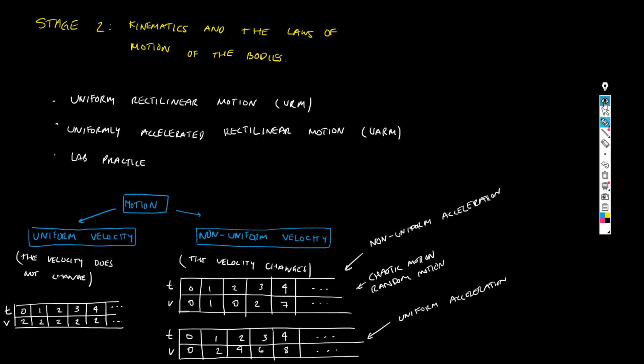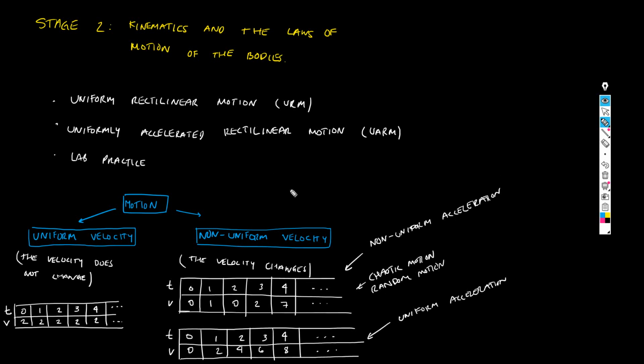Okay, we have uniform velocity. It's a very, very simple motion to understand because it's just a smooth motion like that. And then we have non-uniform velocity, in which the velocity changes, and that can happen in two ways. Non-uniform acceleration, like your particle just increasing velocity and then stopping, and then increasing again, stopping, etc. It's kind of like chaotic motion.